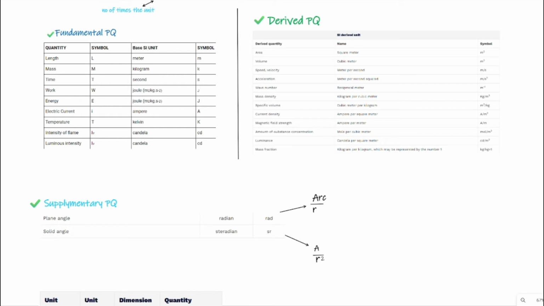Supplementary physical quantities are only two: plane angle and solid angle. The plane angle's SI unit is radian and the solid angle's is steradian. The radian's formula is arc by radius and the steradian's formula is area by radius square.